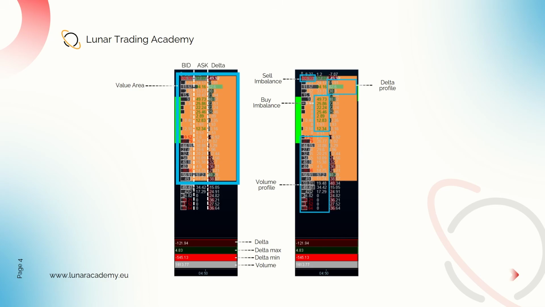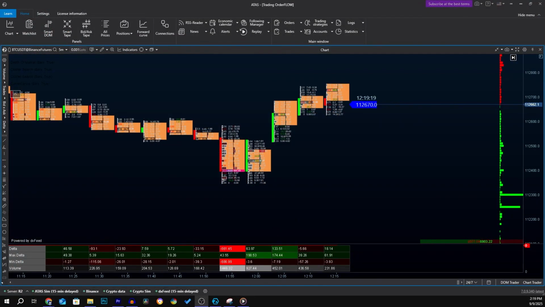Then we have total delta for the specific candle, max delta for the specific candle, min delta for the specific candle, and volume for the specific candle. The delta shows which side was more aggressive, not at a specific level, but across the entire candle. That's why it's called delta per candle, because this delta shows the total delta for the specific time period.